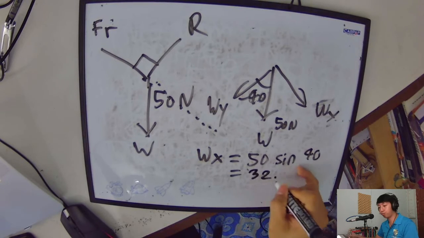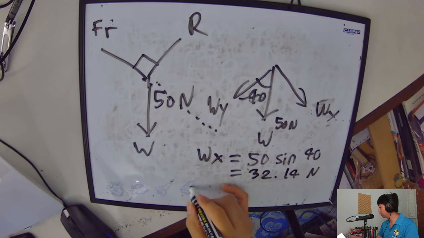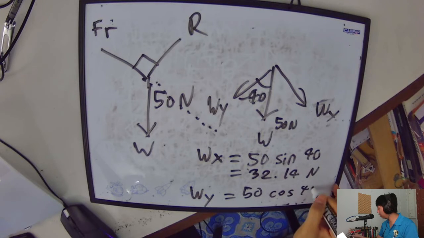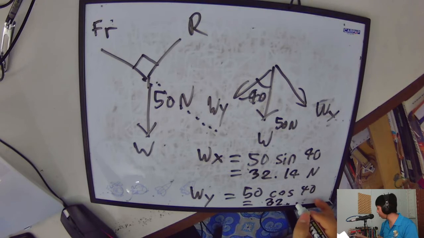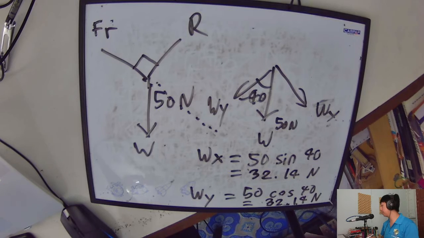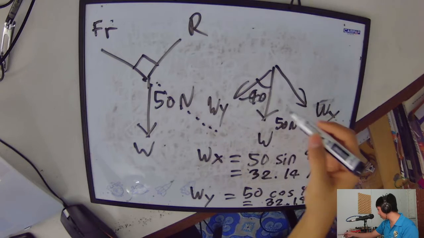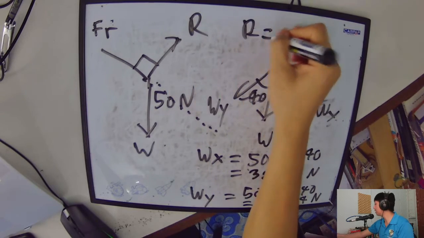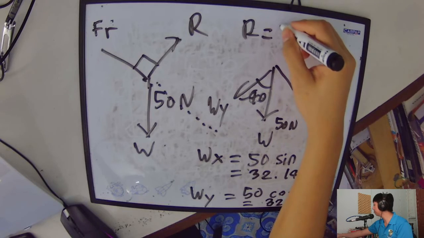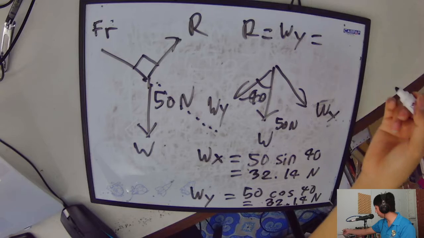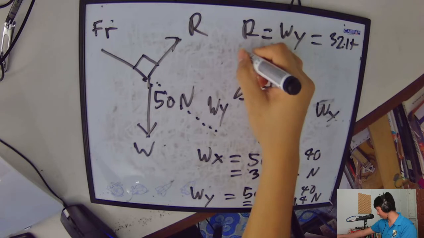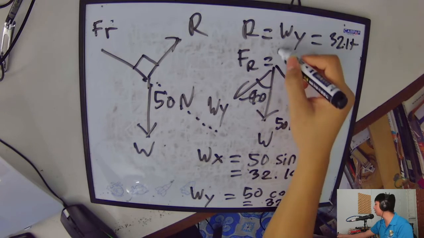So that's 32.14 newtons. Wy equals 50 cos 40, which equals 38.30 newtons. By looking at the picture, we can compare. R must equal Wy, which equals 38.30, and Fr, the frictional force, equals Wx, 32.14 newtons.